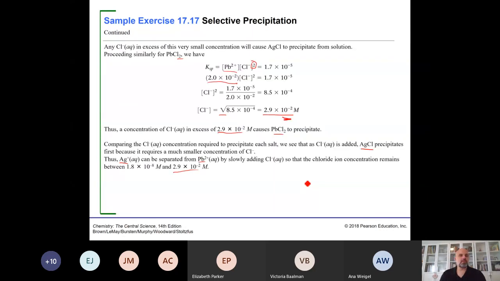And then in order to get the lead, you'd have 2.9 times 10 to the minus 2. So somewhere in between these two, you're going to have just silver ions crashing out of solution.